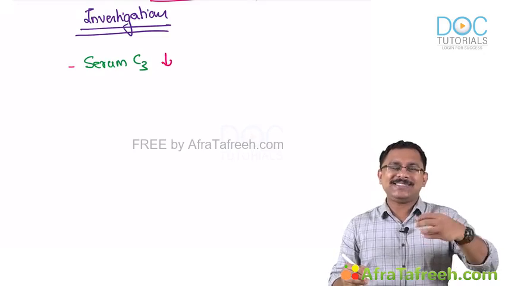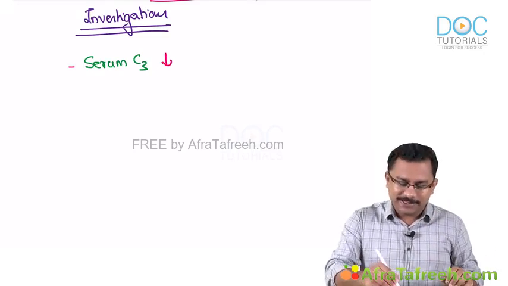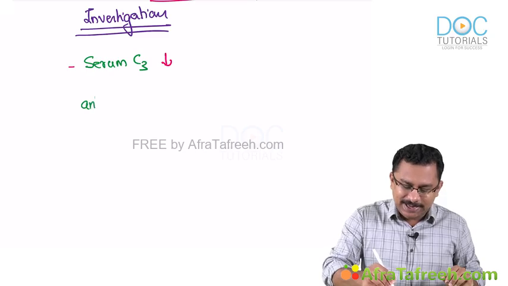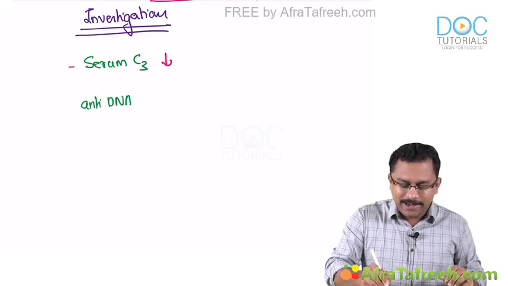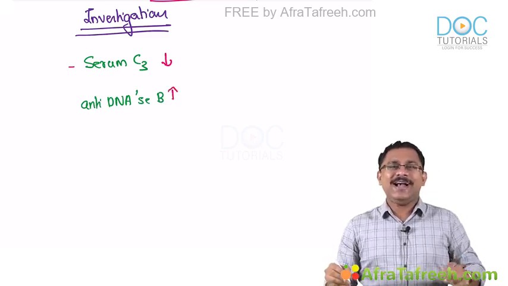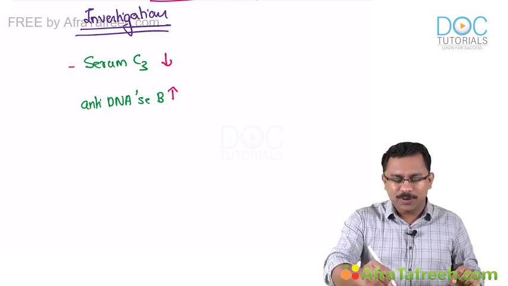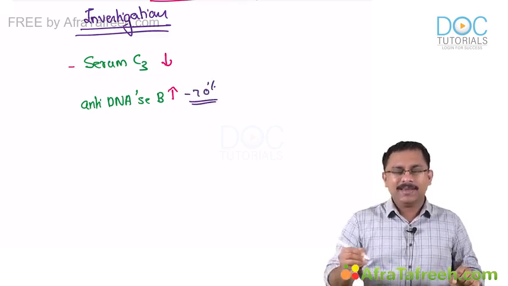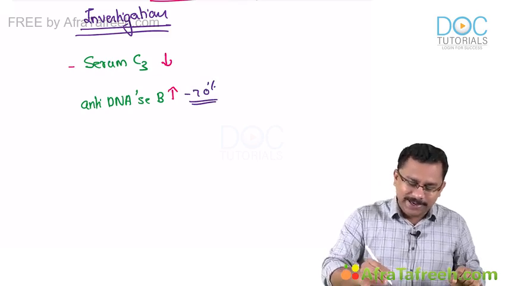And also, since it is related to a streptococcal infection, you will notice that the anti-DNase B levels would be elevated, in as much as 70% of cases. And what about the ASO titer?